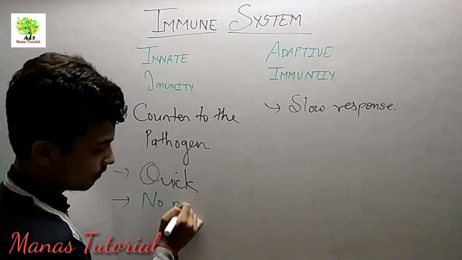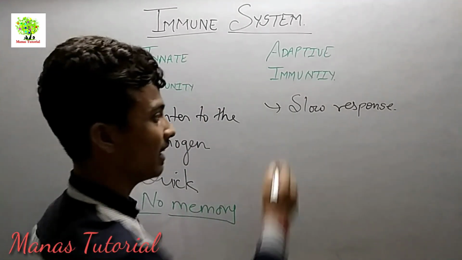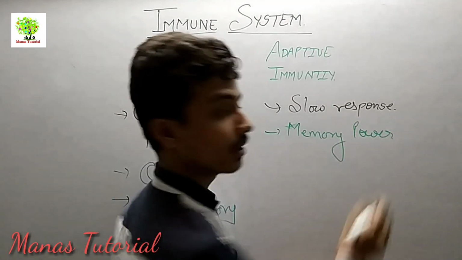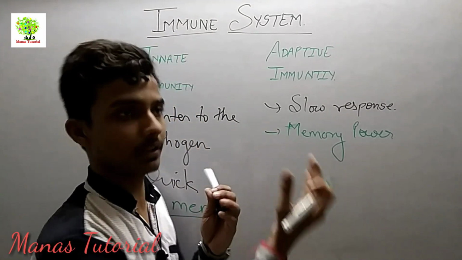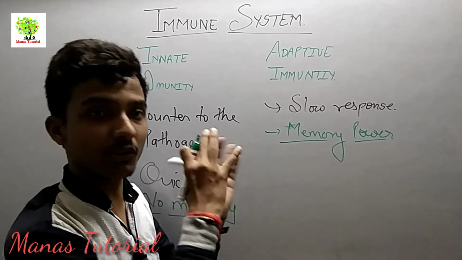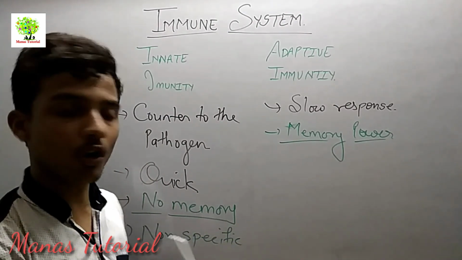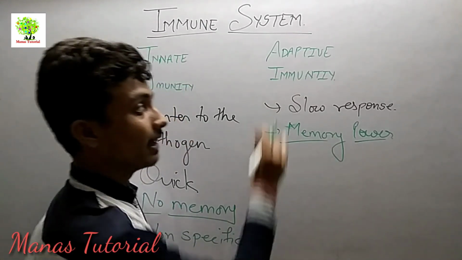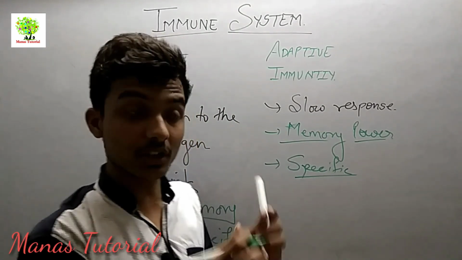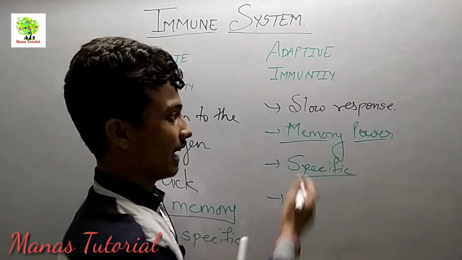Innate immunity has no memory, meaning every time the antigen is new, while adaptive immunity has memory power. Once it attacks a pathogen or antigen, if the same antigen comes a second time, it has memory and eliminates it very quickly. Innate immunity is non-specific, meaning it attacks all types of cells, while adaptive immunity is very specific, meaning it produces antibodies which are specific to a particular antigen.